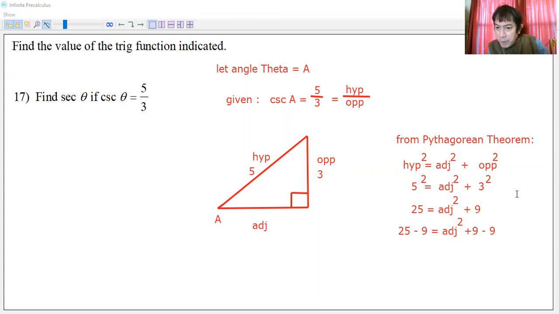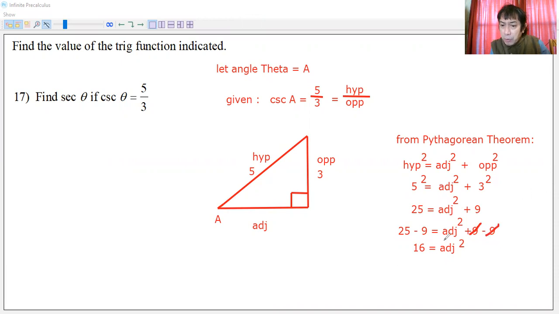And so the left side gives us 16. 25 minus 9 equals 16. This will now be just adjacent squared, and the 9 zeros out.